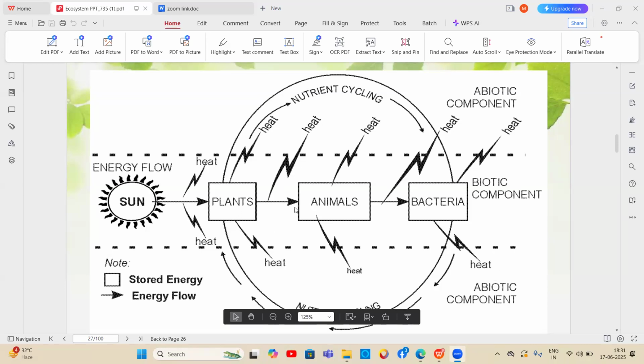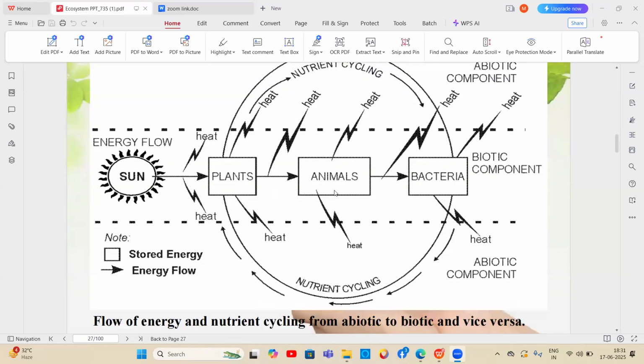So here, it is also following the 10% law. Another one is that there is more energy present in the producers when compared to the decomposers and tertiary consumers.